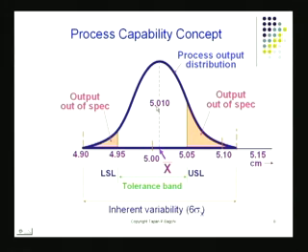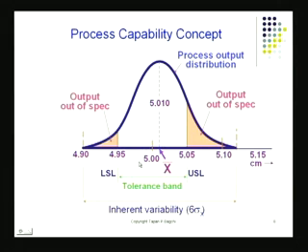Notice the difference between 5.010 and 5.00. This indicates there is a problem with accuracy of the process. There's some difference between the target and what the average quality characteristic is that the process is delivering. So the first problem that we have is some problem of accuracy.